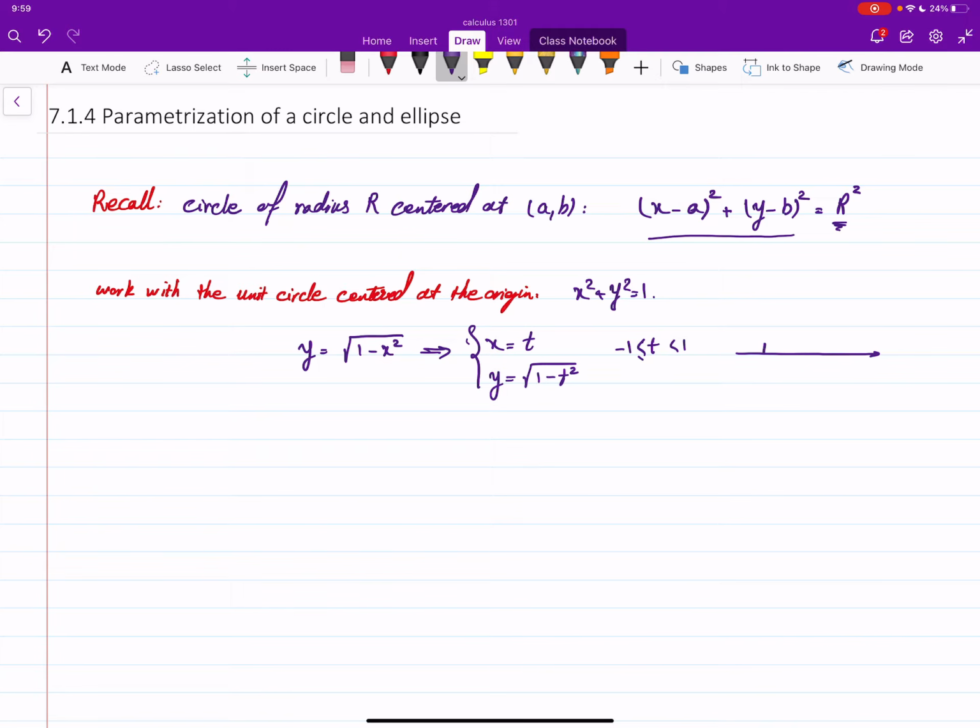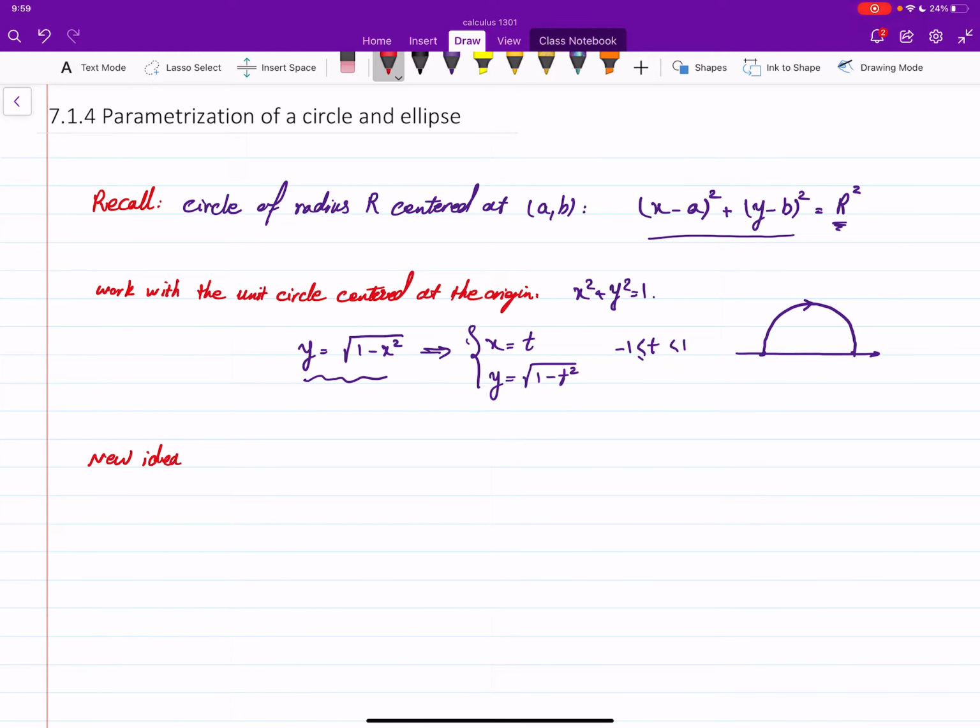But this idea won't get us a one-shot parametrization, because it works when you have the graph of a function, and a circle is not the graph of a function, simply because it fails the vertical line test. So we need a new idea here.